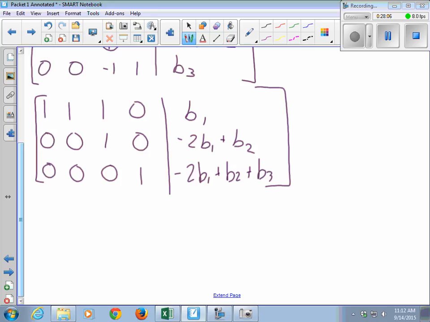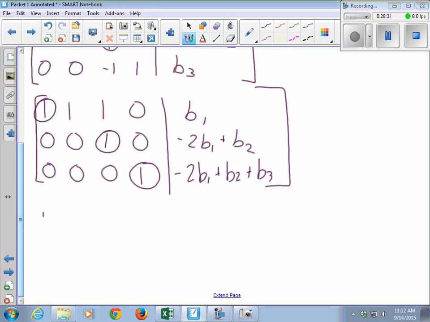So can you tell at this point, is this consistent? Yeah, it's consistent. Is there a pivot in every row? Every row has a pivot, not every column. We have a pivot in row 1, in row 2, and row 3. X2 is a free variable, yes. And when you have free variables, that means you have infinite solutions, so this is definitely consistent.